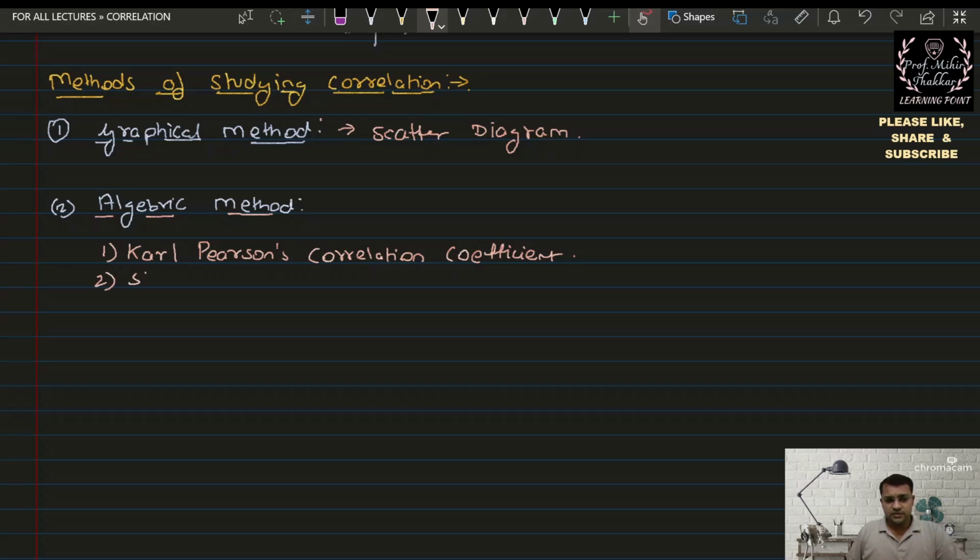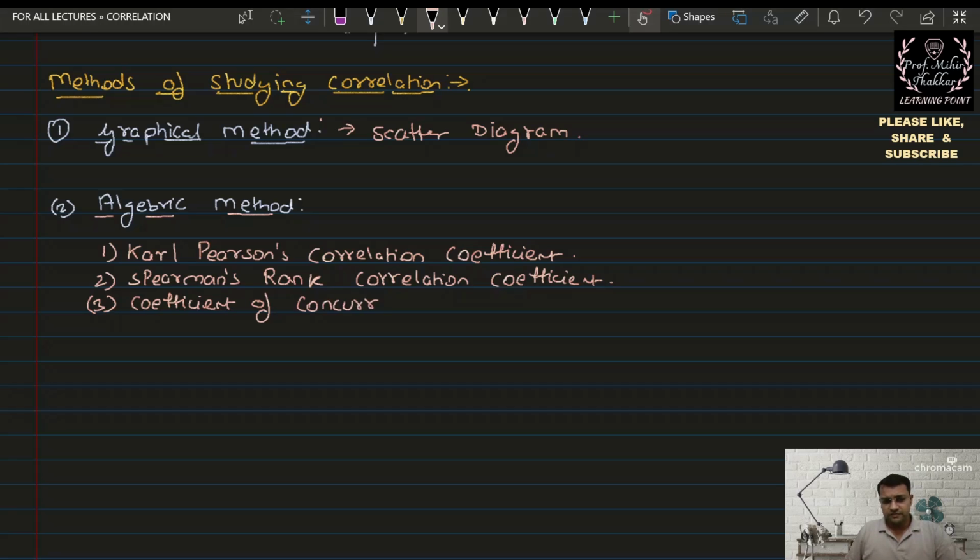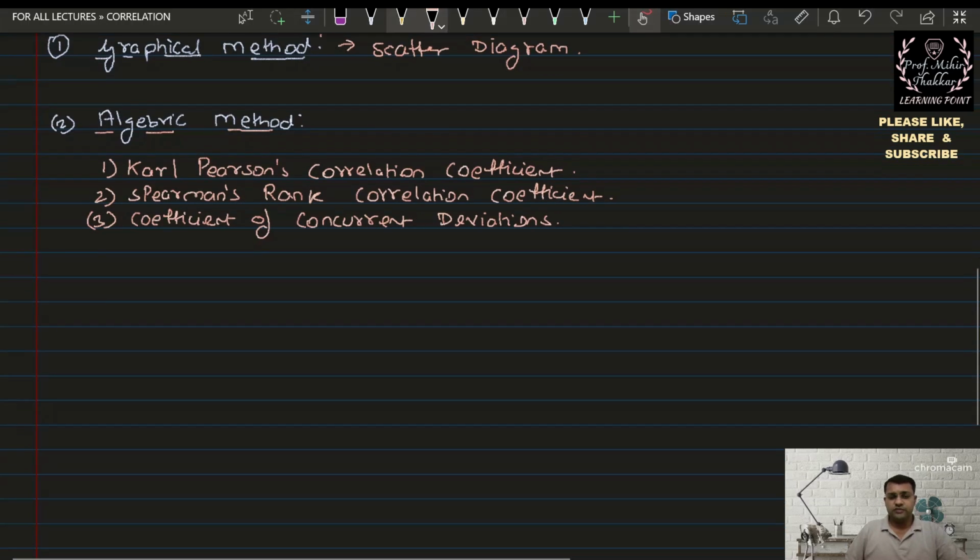The second is Spearman's rank correlation coefficient, and the third one that you have is coefficient of concurrent deviations. So let us start with the first method first, which is based on the scatter diagram.